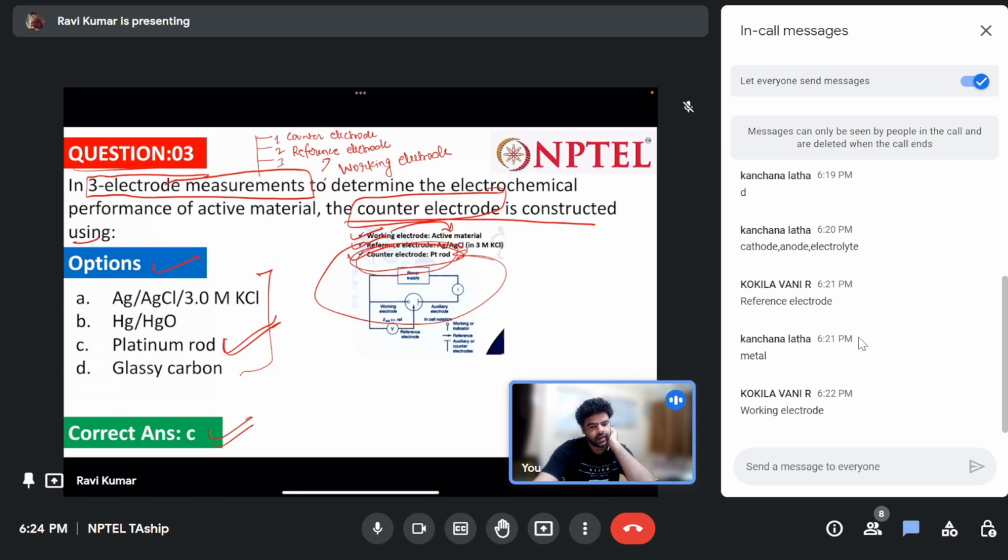Now let me know the function of this counter electrode. Why are we using this counter electrode? Nobody knows.